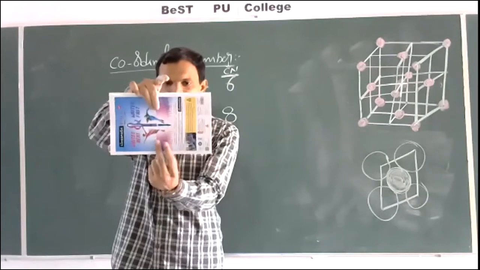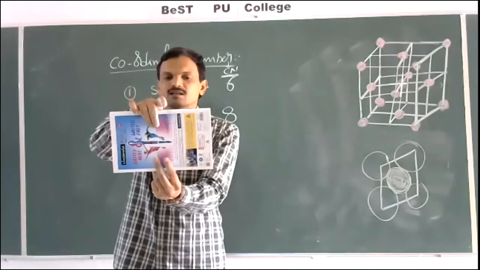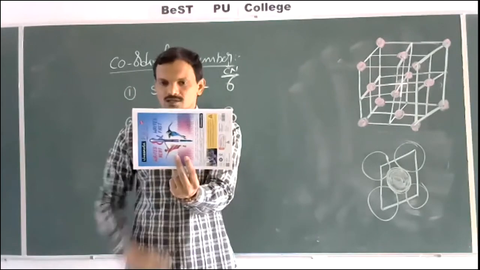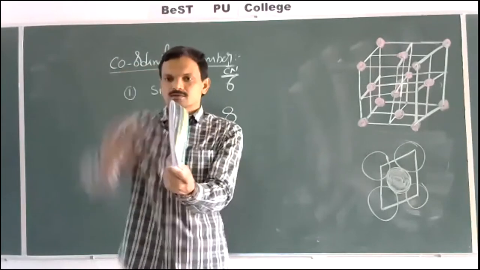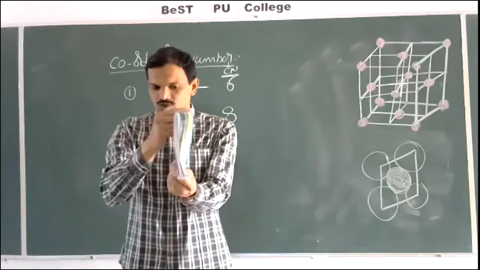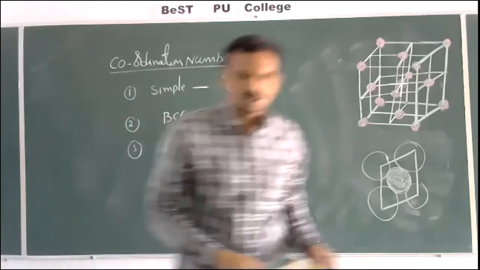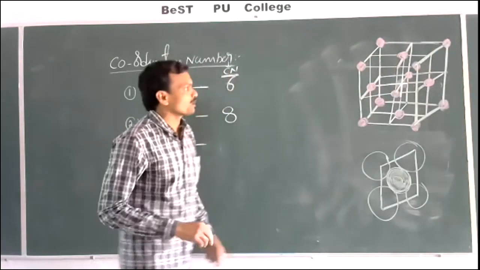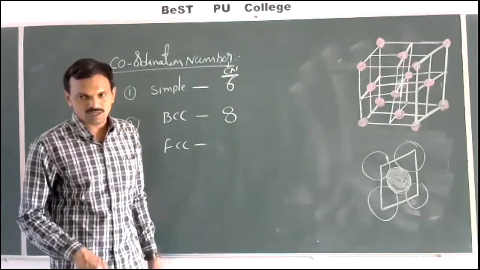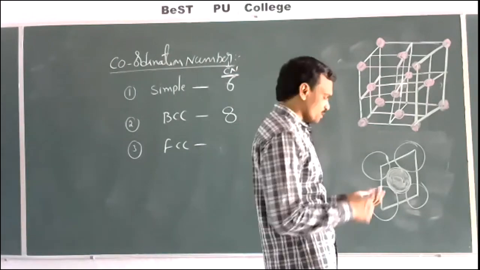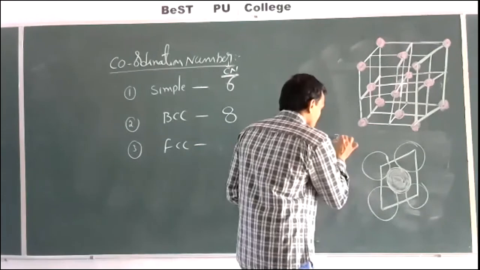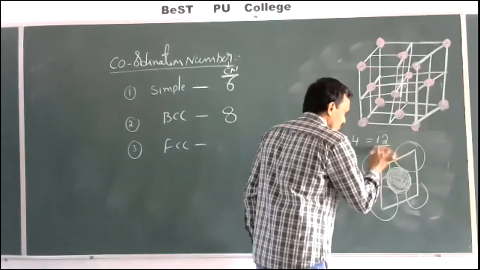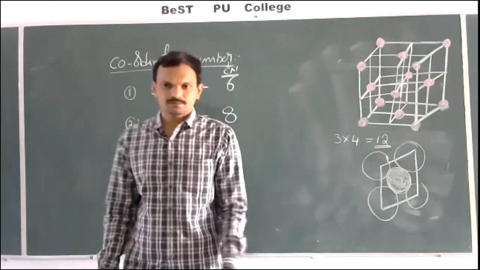In this plane it is in contact with 1, 2, 3, 4 particles. One more plane I will take like this, same position, 1, 2, 3, 4. In each plane the face center particle is in contact with 4 other particles. That means the coordination number is, there are 3 planes, in each plane it is in contact with 4 particles, so the total number of particles is 12.